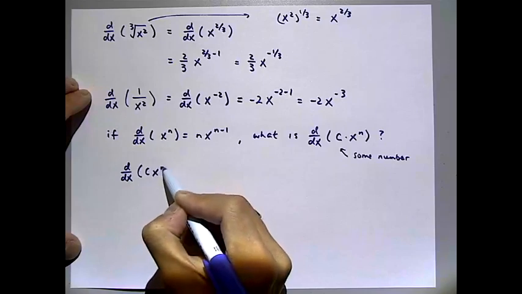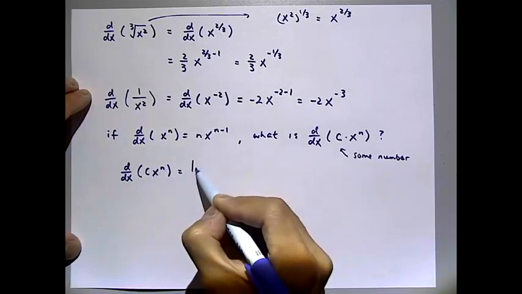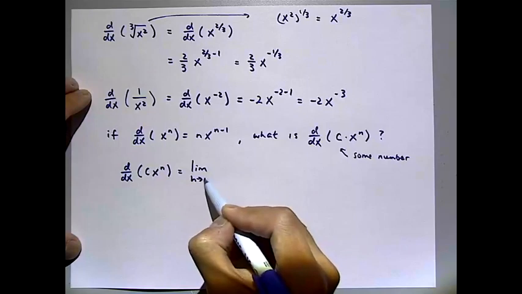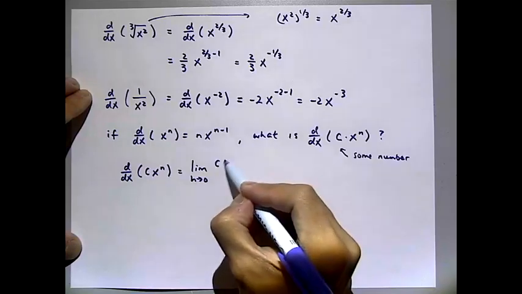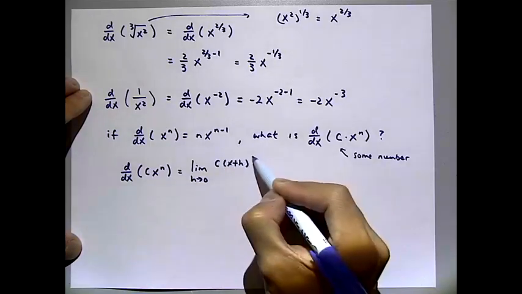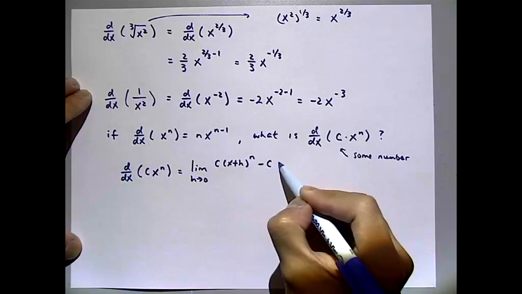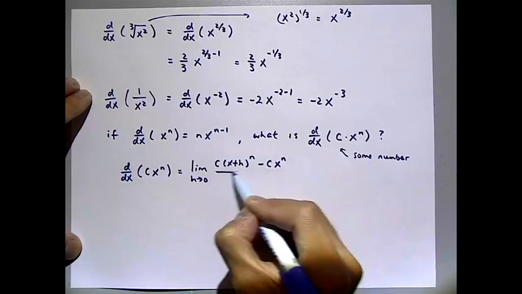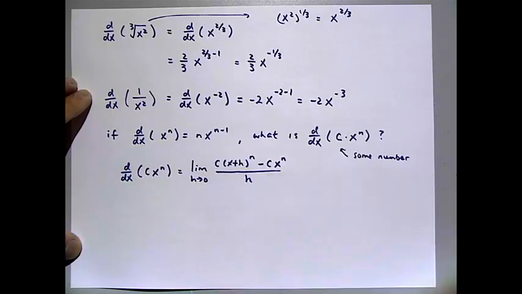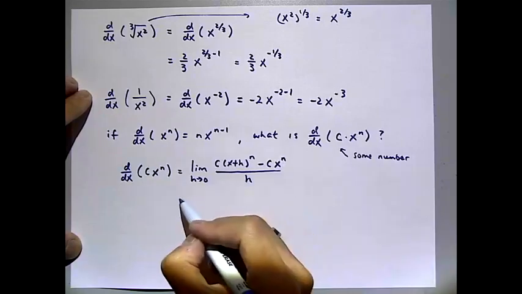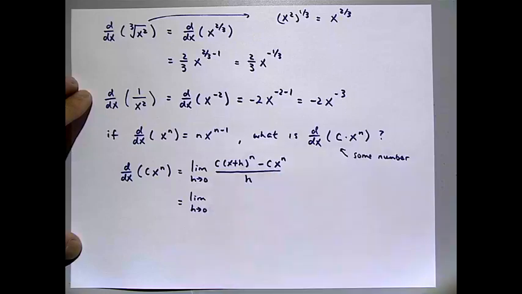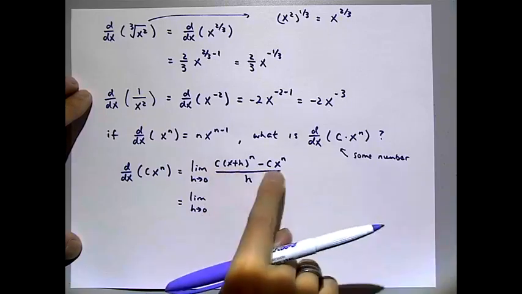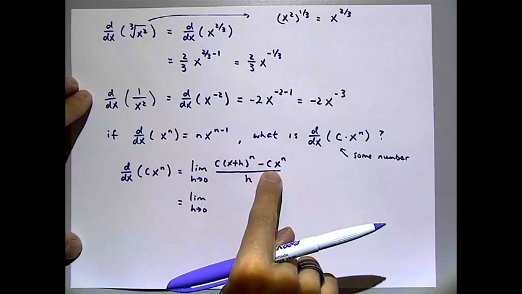C x to the n, according to the limit definition of the derivative, this is c times (x plus h) to the power of n minus c x to the n, right? And don't worry, we're not going to expand that to the power of n here. I do notice the c, a common factor on the top.